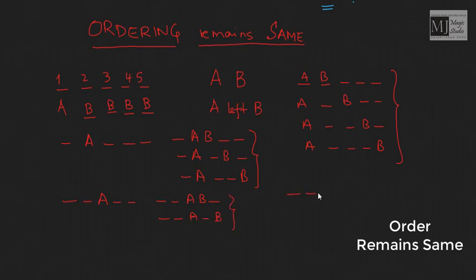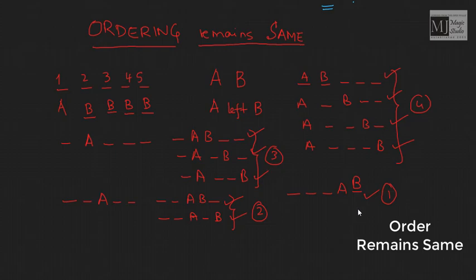If A is sitting on chair number 4, we end up with only one case. So how many cases? 4 when A is on chair 1, 3 when A is on chair 2, 2 when A is on chair 3, and 1 when A is on chair 4. A cannot be sitting at chair number 5.